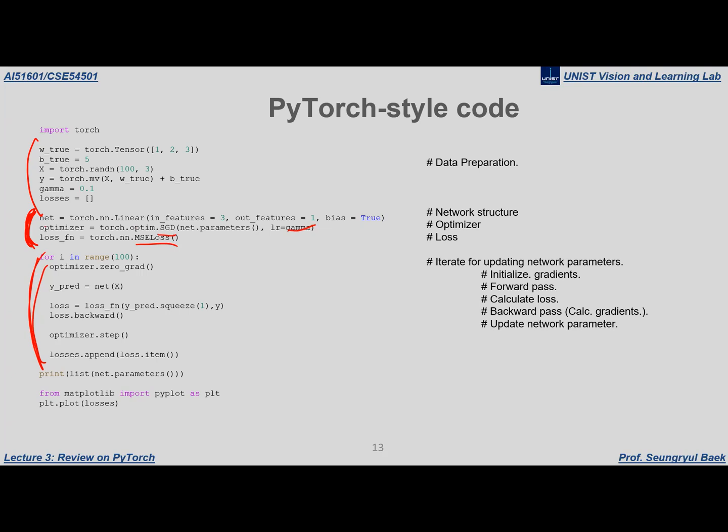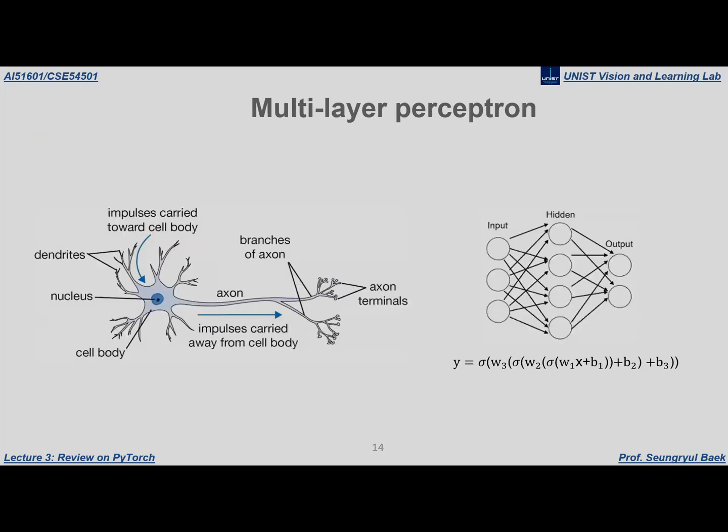But except for this, the training code remains the same. You will see the same procedural code when using PyTorch. That's the merit of PyTorch, or TensorFlow: you can simplify the training implementation.